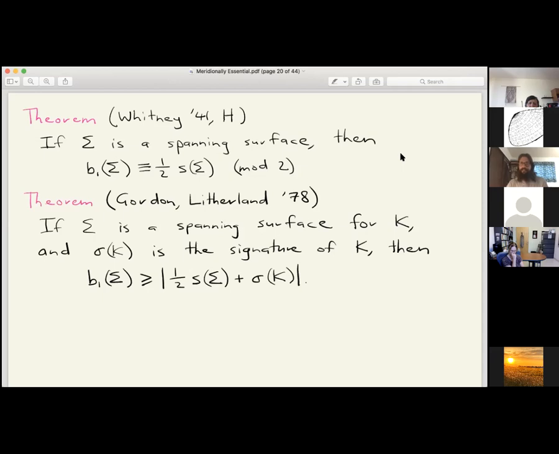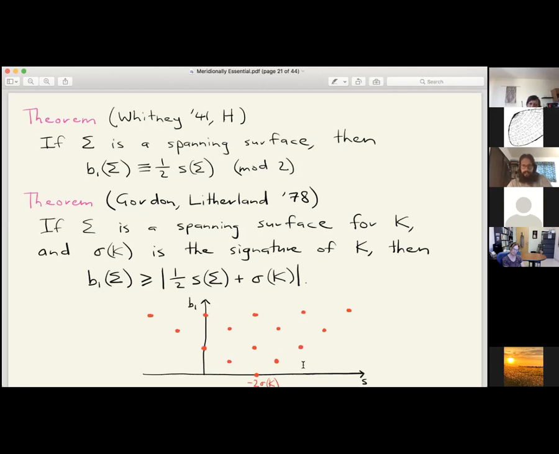So then for this geography problem, we might like to try and plot the possible points. S and B1 are integer valued invariants, so it could be any points on the standard lattice in the plane. Whitney's result gets rid of half of these points; there are missing points here.